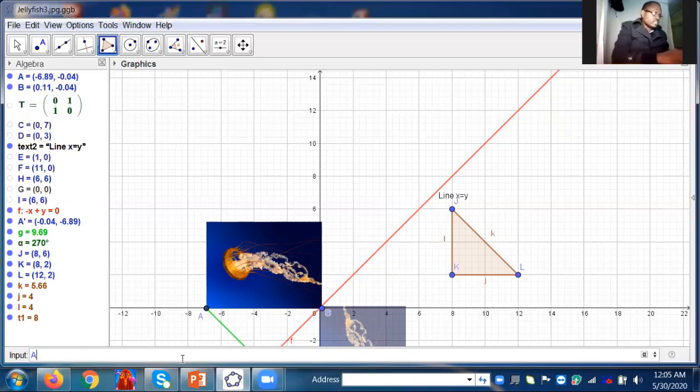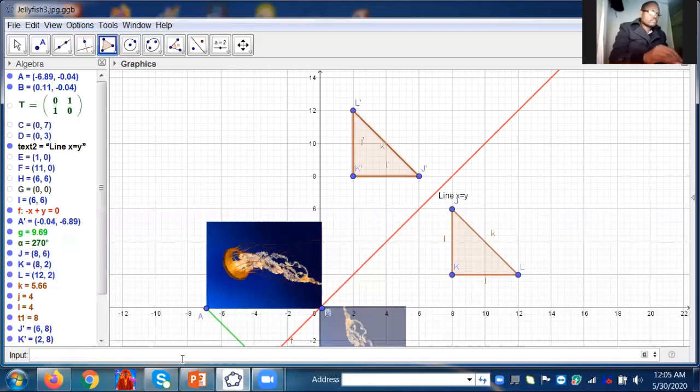So I'll say apply, then matrix, my matrix is T, and then my triangle is T1. So we have the image, and the image is J prime, K prime, and then L prime.